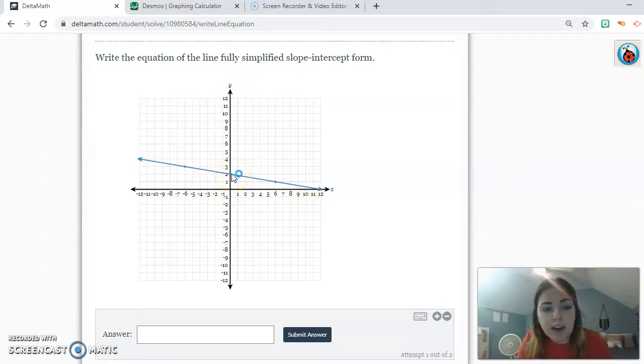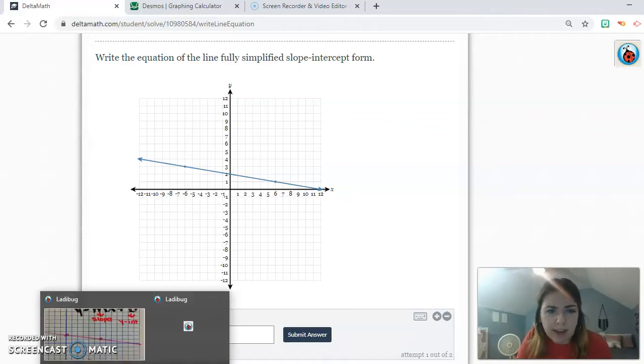So whenever I write my answer, I know, based on this, that b equals 2, right? Positive 2. Now after you find the y-intercept, you've got to find the slope, and then you're done, pretty much.